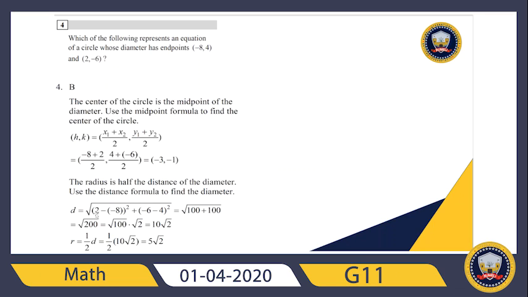Take the radical of (x2 minus x1) squared plus (y2 minus y1) squared, and we get radical 200, which is radical of 2 multiplied by 100. Radical 100 is 10, so we get 10 radical 2. We know that the radius is half the diameter, so r is d over 2.